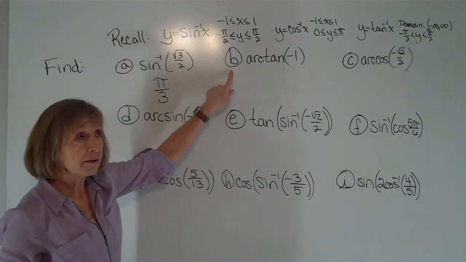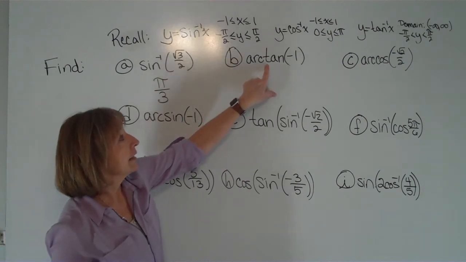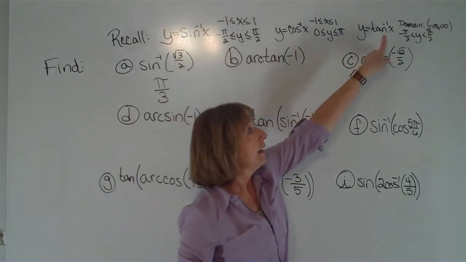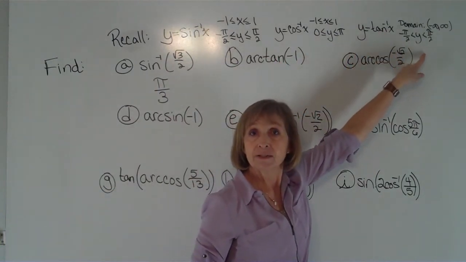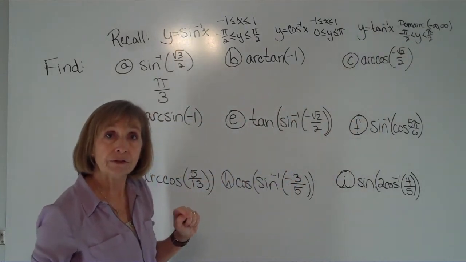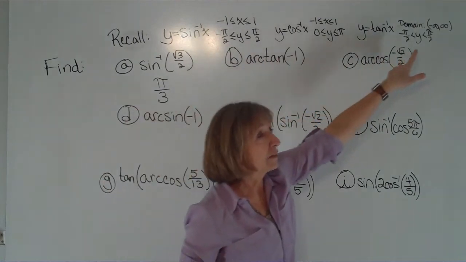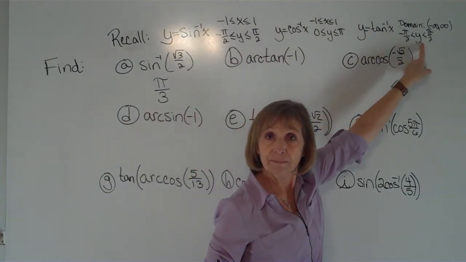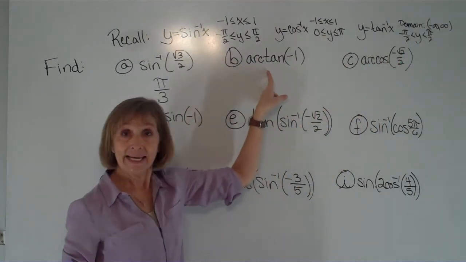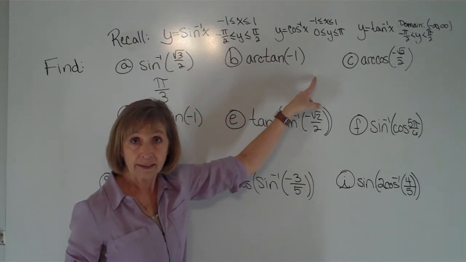In part B, we're looking at inverse tan, and for inverse tan, I have to give my answers between -π/2 and π/2. So what angle in the span between -π/2 and π/2 has a tangent ratio of -1?